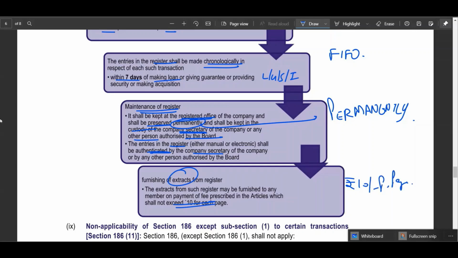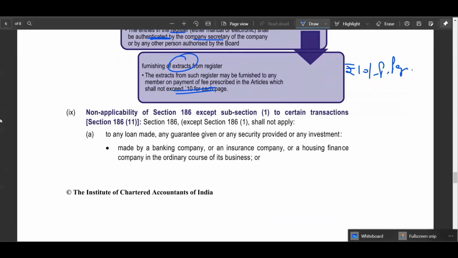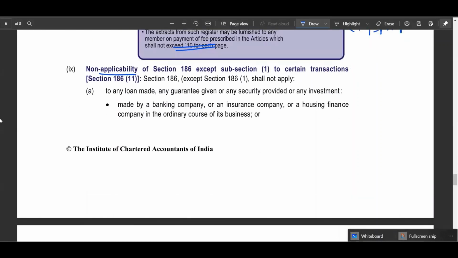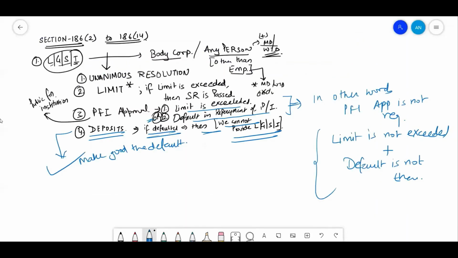All right, if any member wants it, then they can have it after paying some money which cannot exceed rupees 10 per page of that MBP2 form. Now let's talk about the non-applicability part, and let's cover this section as well. Here we are making a summary that form MBP2 is required to be made.